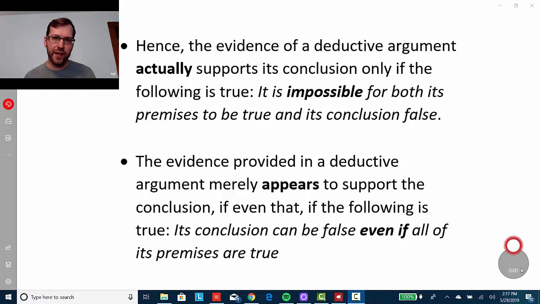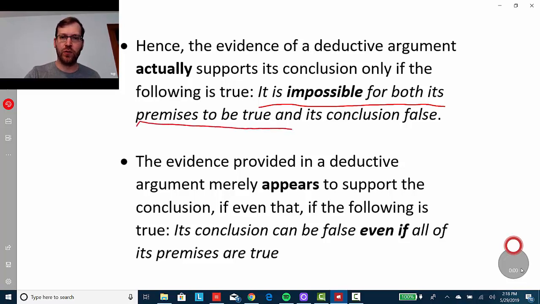Okay, so another way of thinking about when an argument's evidence actually does support its conclusion is when this part holds of it. It really means the same thing that we were talking about just before, but it's another way to help you think about it.